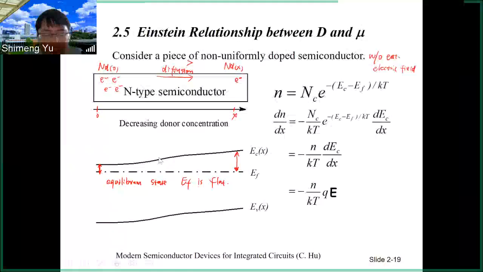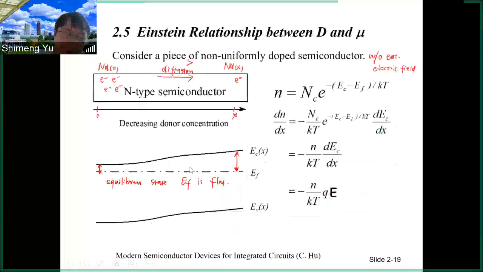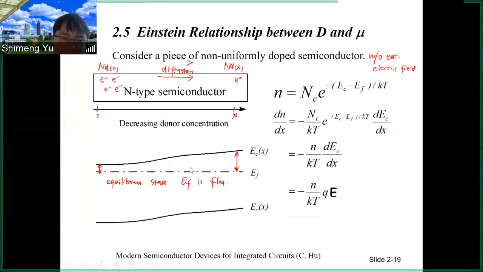EC is bent. So EC is bent. We just have the conclusion from the previous slide. You see here, if the band edge is bent with a slope, that means what? You have electric field, right? So you have electric field.